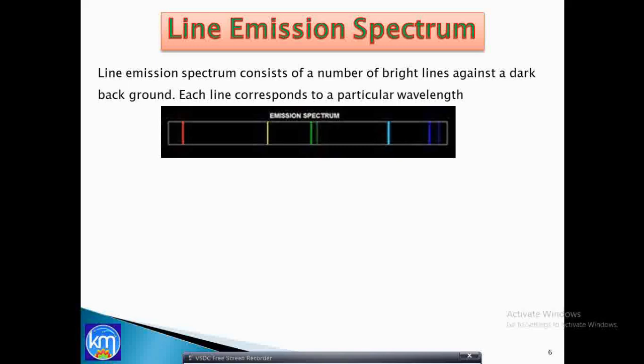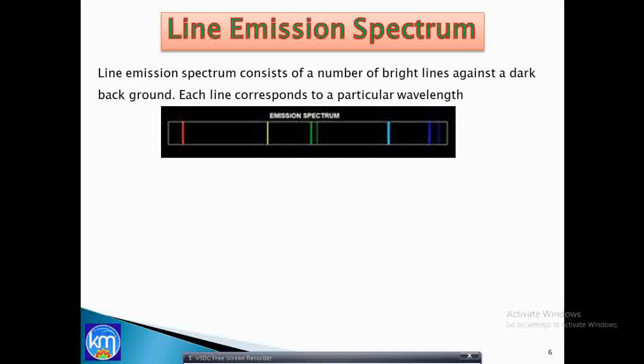It is very helpful for finding the unknown elements present in stars or other celestial objects.